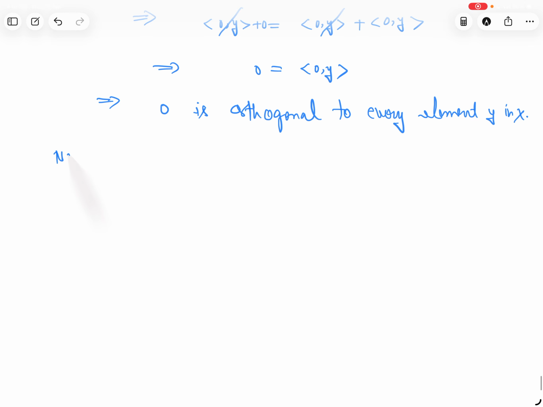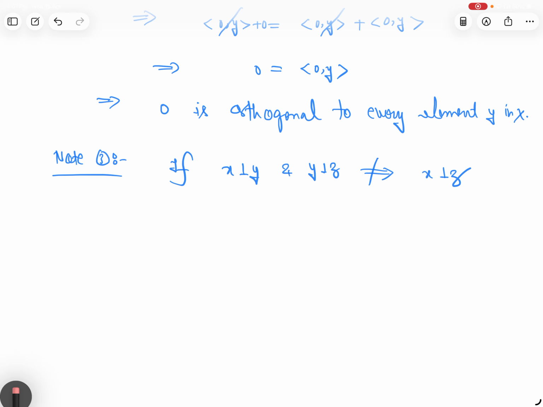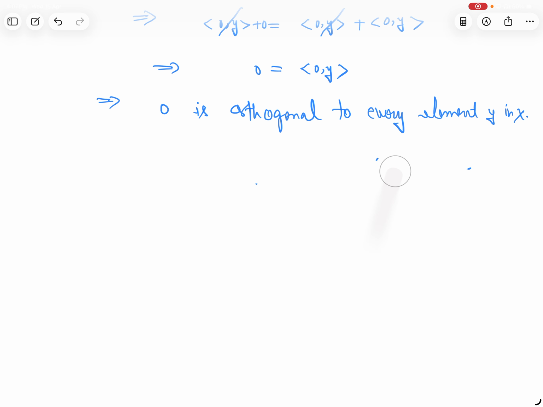Note 3. If x is orthogonal to y and y is orthogonal to z, it does not imply x will be orthogonal to z.